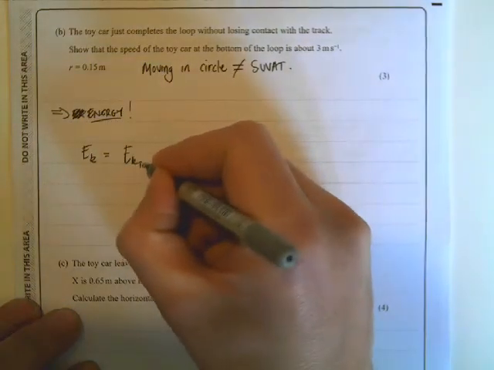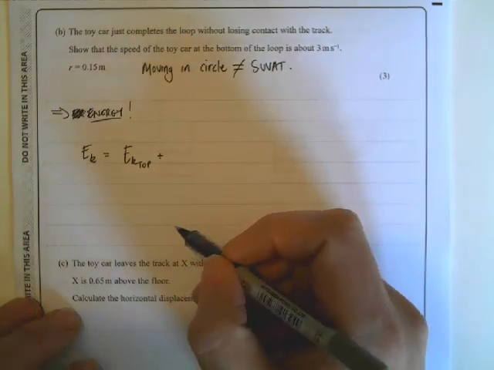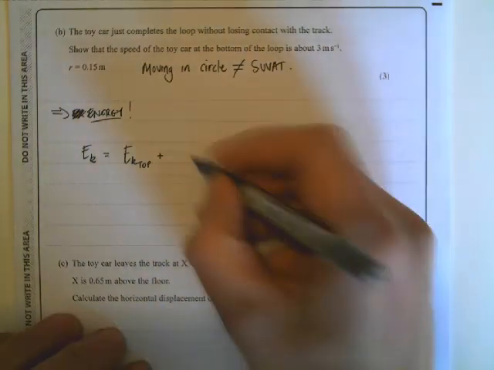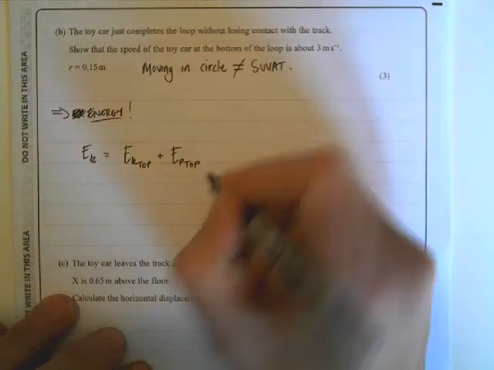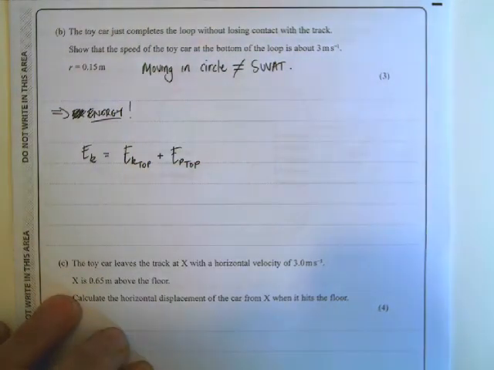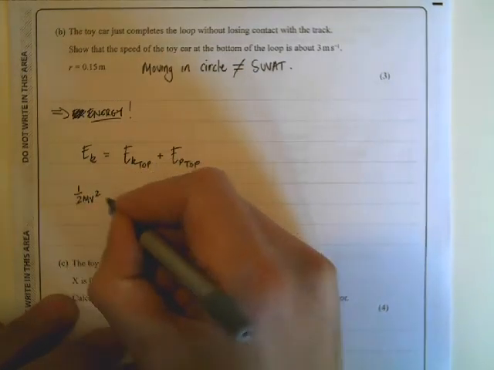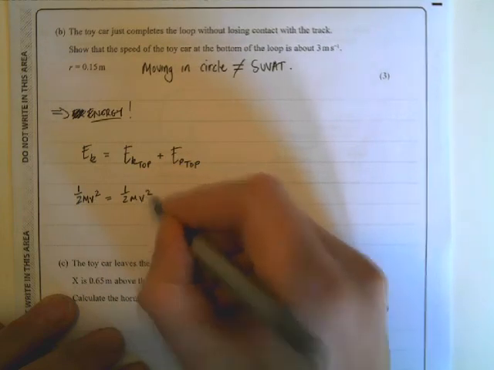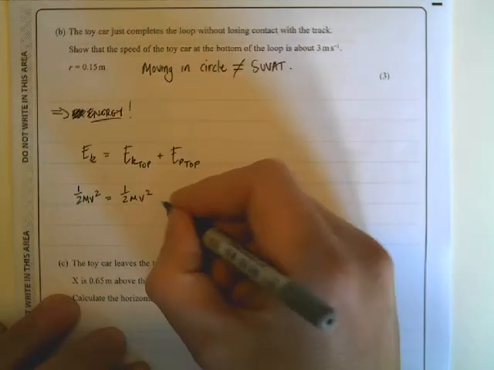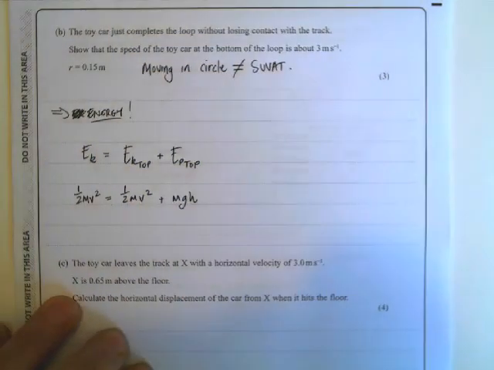So it's going to equal Ek at the top plus the fact that it's higher up, so plus the potential energy at the top. And then you solve for this, and it comes out quite easy. So we've got half mv squared here is going to equal half mv squared at the top plus mgh.